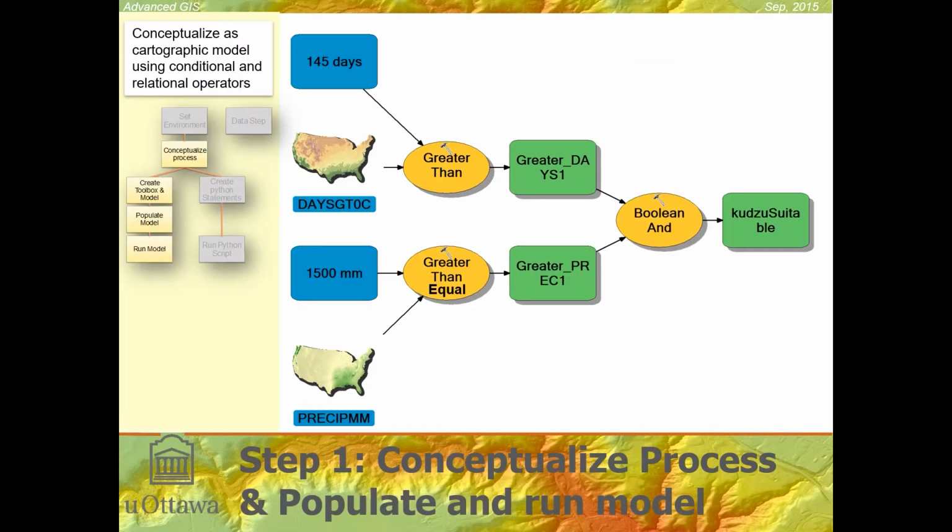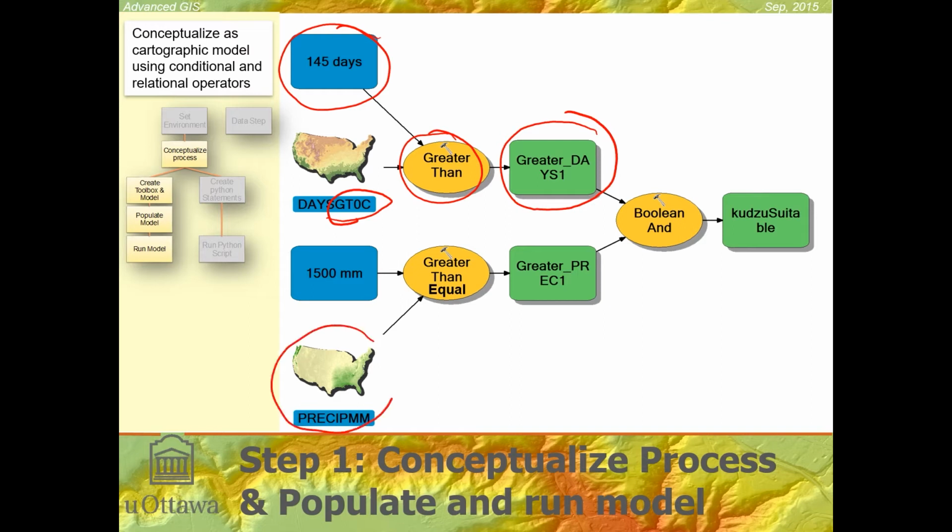In a cartographic model, our inputs are the days greater than 0 degrees Celsius. And we're interested in 145 days. So we say greater than 145 days produces an intermediate raster called greater days 1, for example.